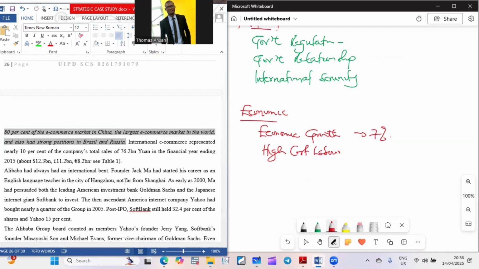What else do you remember about the economics? I think we were told that he was improving in Brazil and Russia. So he had some foreign recognition, which is good. It's an opportunity, sorry.